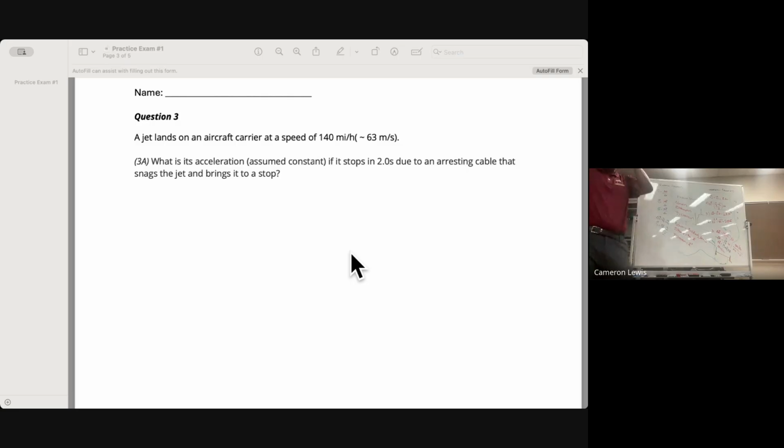So let's think, right? You are landing. When you're landing, are you moving or are you at rest? In the beginning, you're moving, right? But your goal is to do what at the end? Stop. So at the end, a synonym for the end is also final.